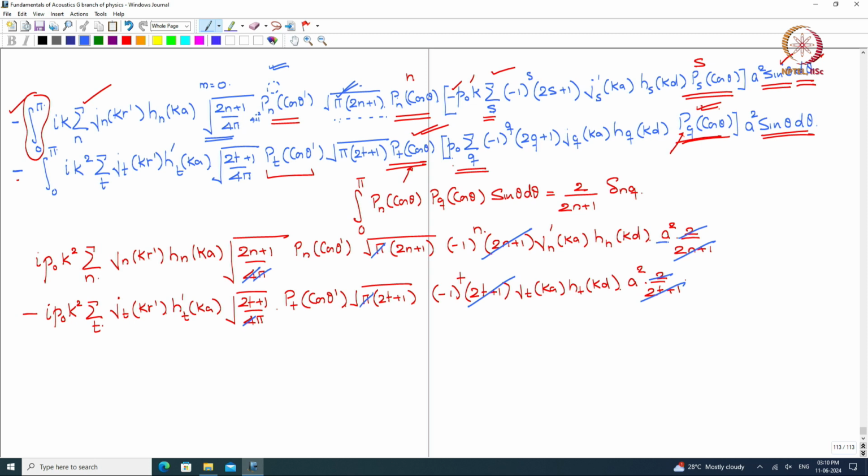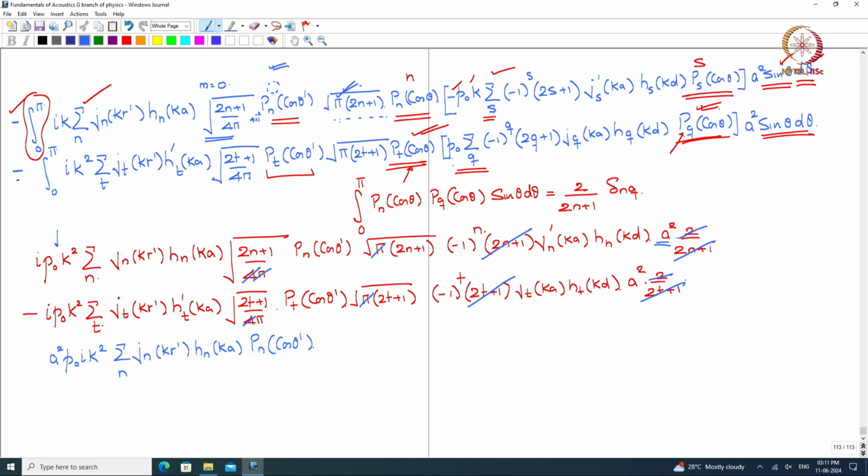I get this a square in front, so I get a square p0 i k square, a summation over n, jn of kr dash, hn of ka, then Pn cos theta dash.